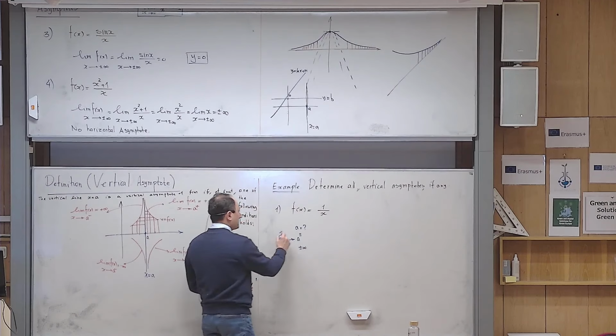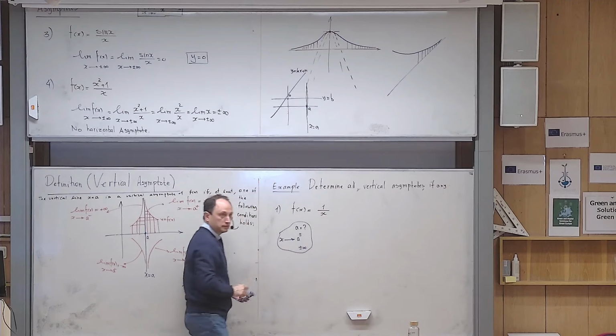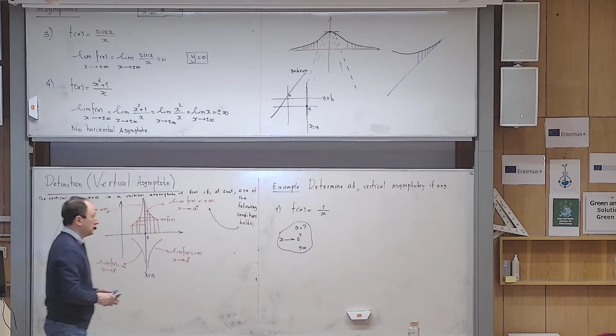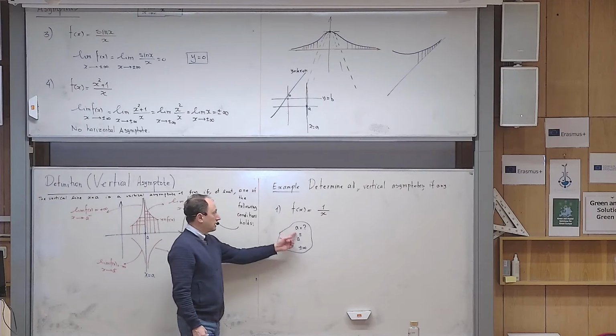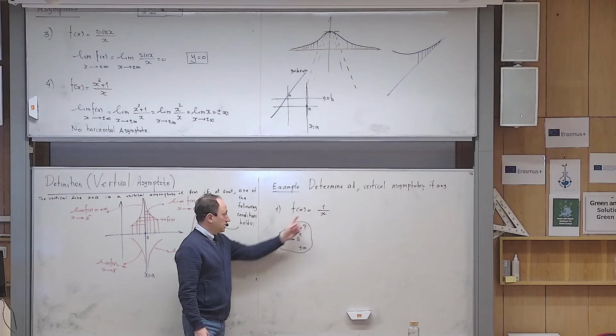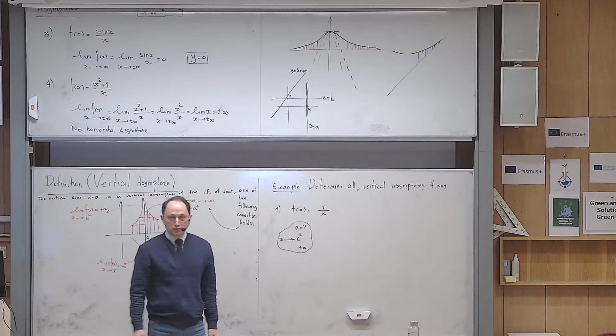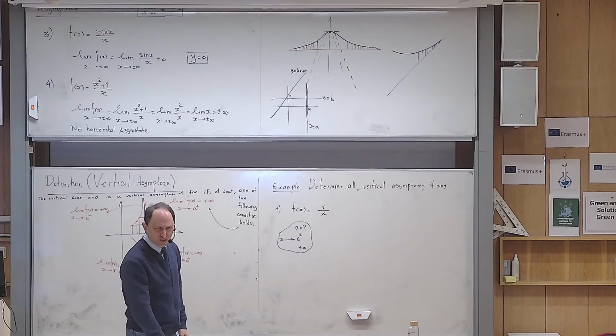This is the type of question you need to ask yourself. Is there any number like A so that when I take the limit of my function and send x to that number, the answer of that limit becomes either plus infinity or minus infinity? And then I don't think it is hard.